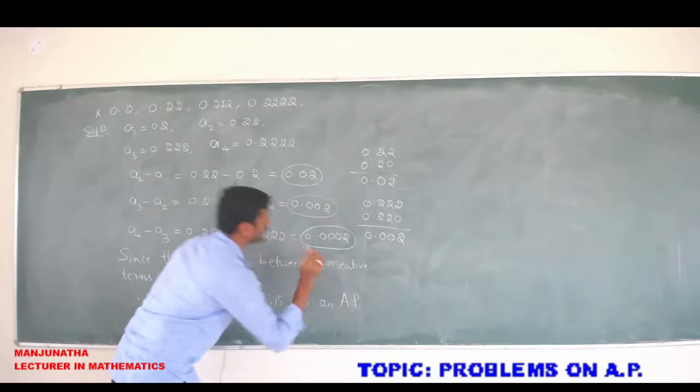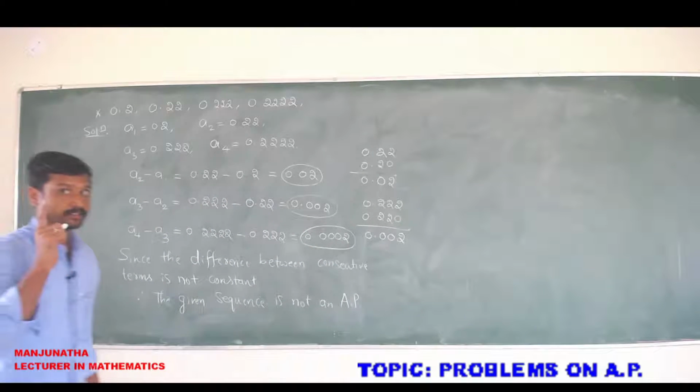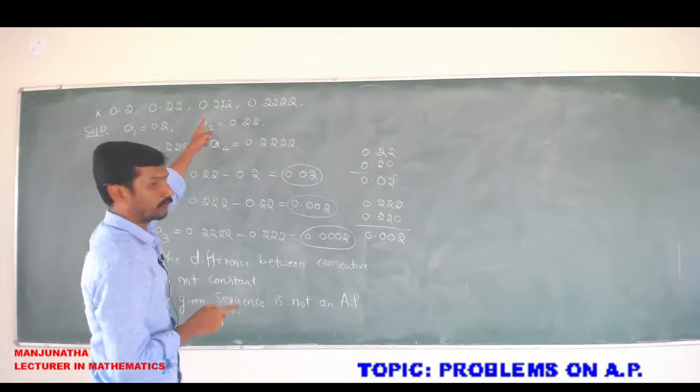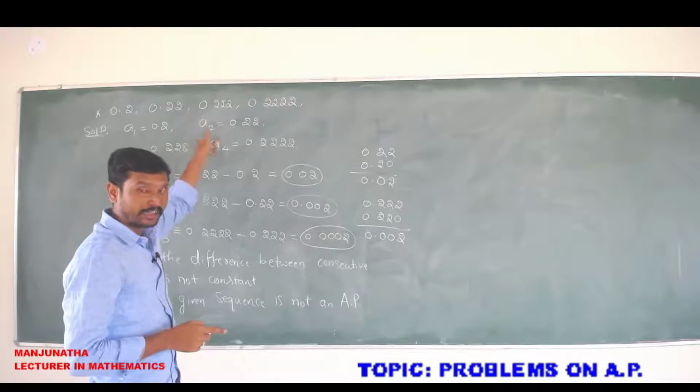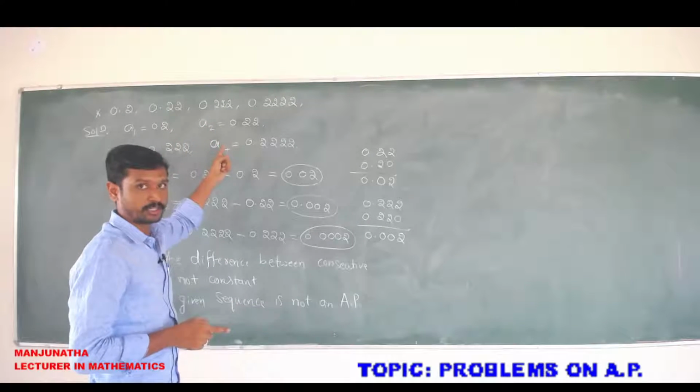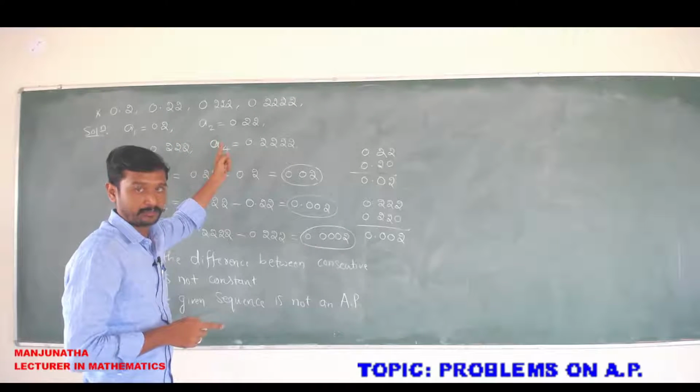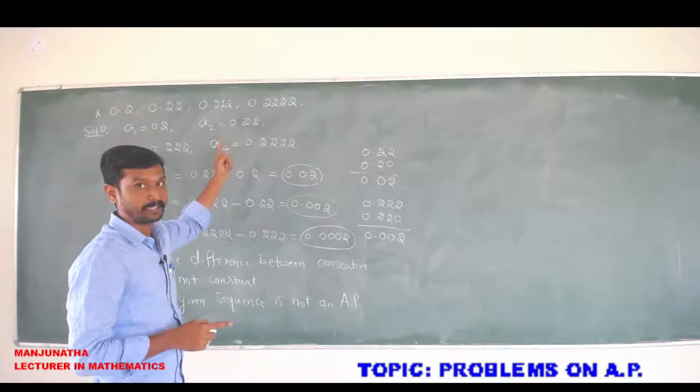The given sequence is not an arithmetic progression, but remember my dear students, it is a progression. It is a sequence, it is a progression, but it is not an arithmetic progression.